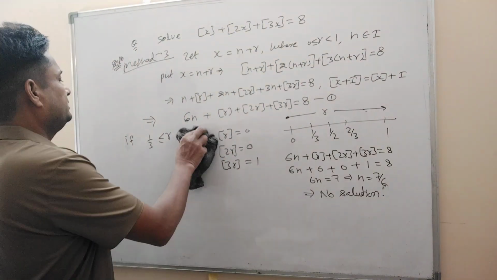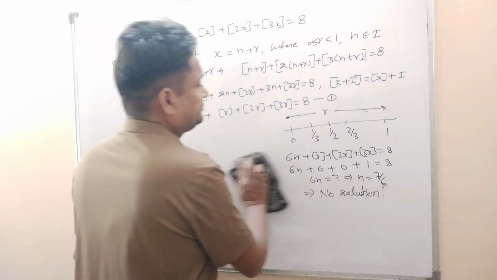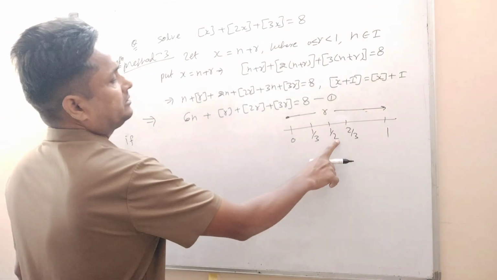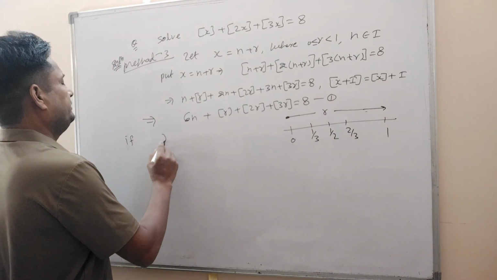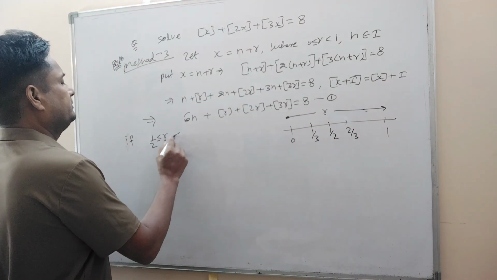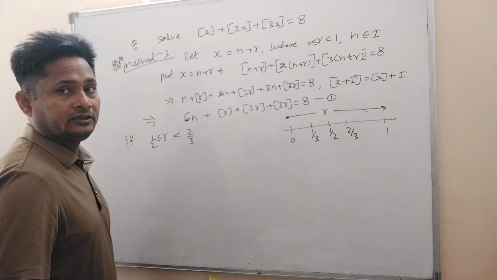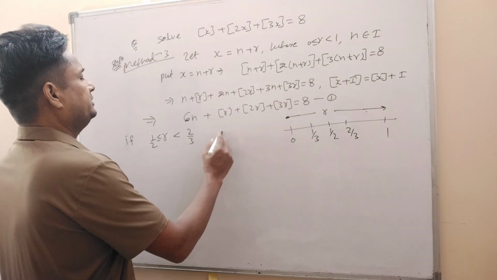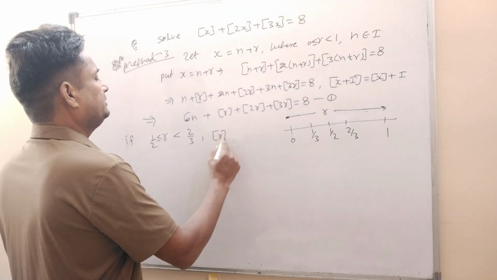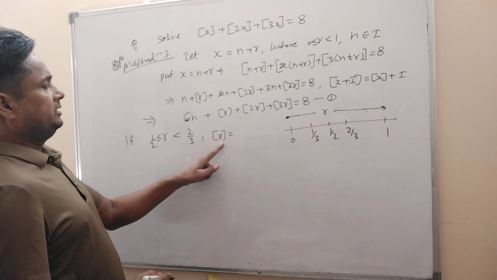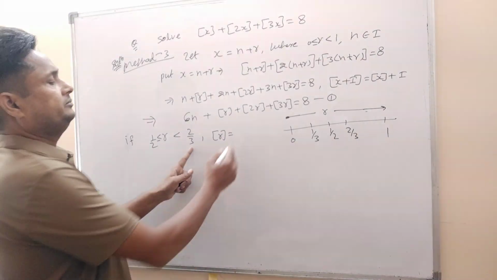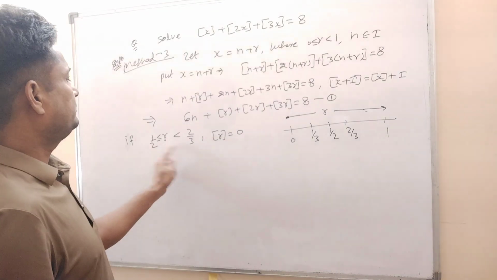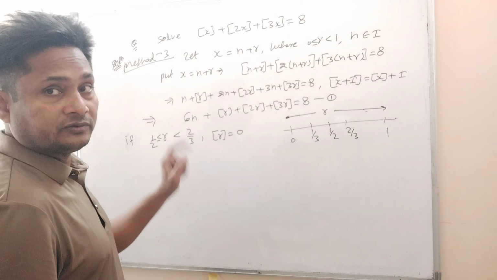Now take another interval. Next one, 1/2 to 2/3. If r lies between 1/2 and 2/3, then the greatest integer of r will be 0, because it is between 0 and 1.